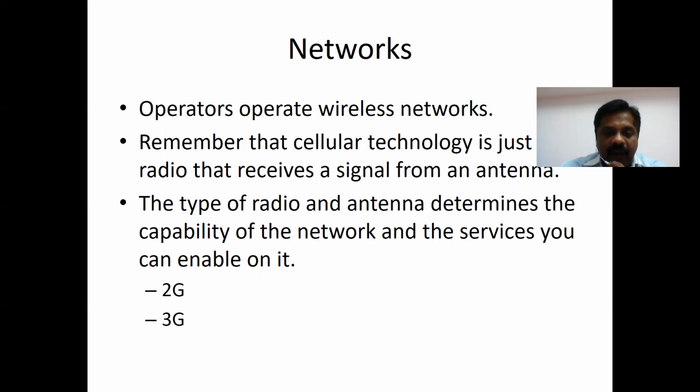The type of radio and antenna determines the capability of the network and the services you can enable on it. Here, we can get any kind of service like 2G, 3G. Now we have 4G also, right? Whatever service we need, we can get it from a network.